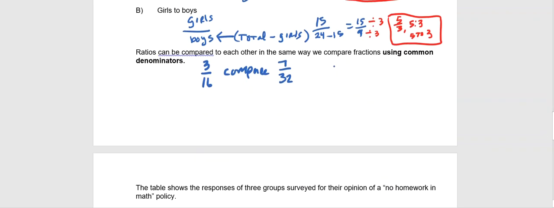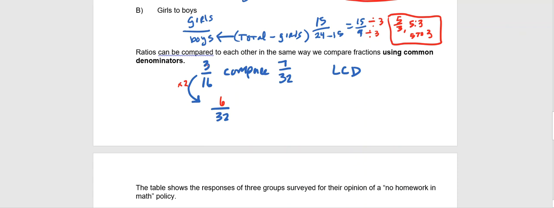So we want to think about the least common denominator. Remember, that's just like the least common multiple of the denominators. So we should recognize that 16 goes into 32 evenly. So we should be able to look at 3/16 as some number of 32nds, right? 16 times 2 gives me 32, so 3 times 2 gives me 6.